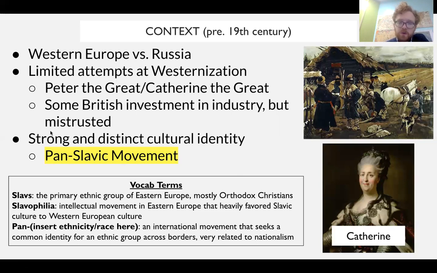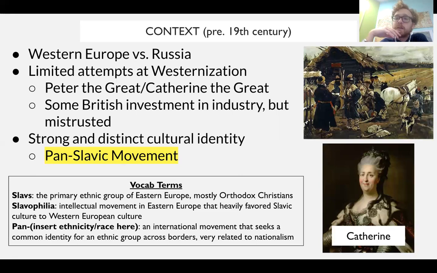But Russia is also important because of its strong and distinct cultural identity. Remember, Russia is mostly Orthodox Christian. They speak Cyrillic languages. And they're very much associated with their Slavic ethnicity. So by the end of the 19th century, we see an intellectual movement to justify Slavic national identity, and we call this Slavophilia.